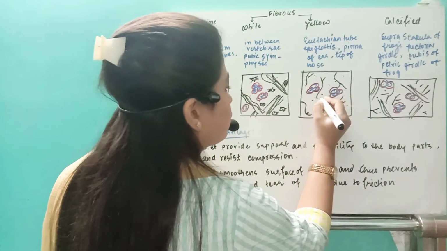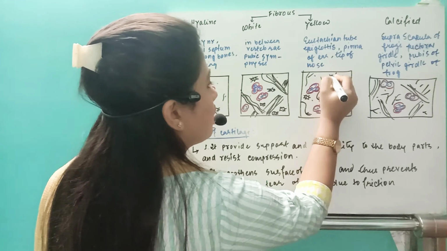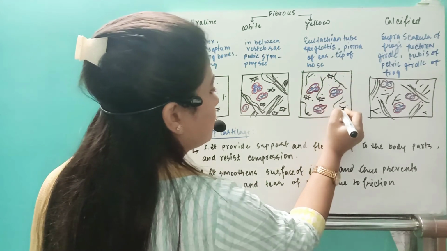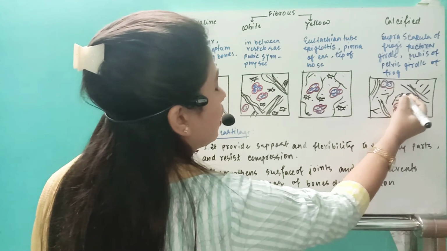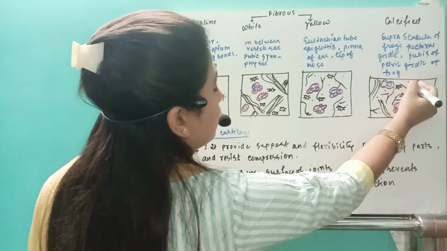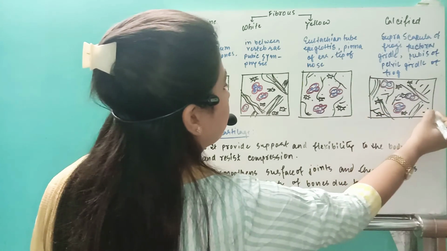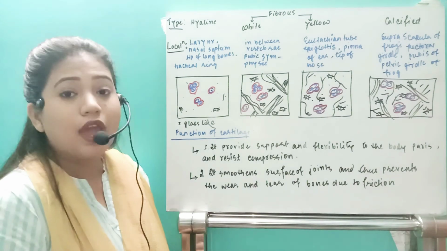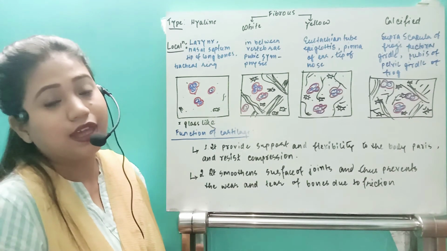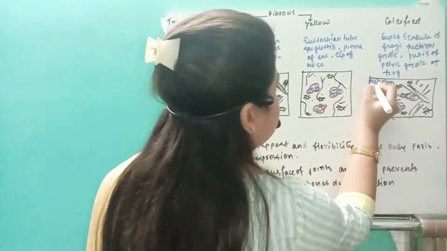Now if it comes to the yellow fiber, then also fibroblast cells are present, and this fibroblast cell will secrete elastin protein which forms the yellow fiber. And in the calcified cartilage, we also have the fibroblast cell. Additionally, in the case of the calcified type of cartilage, we have calcium granules.